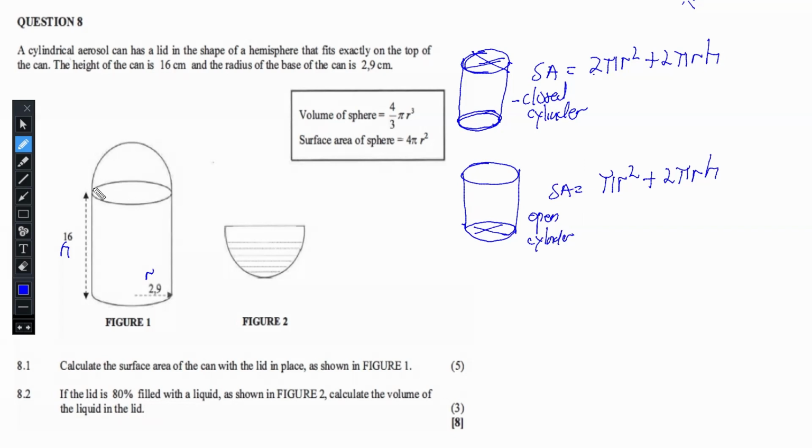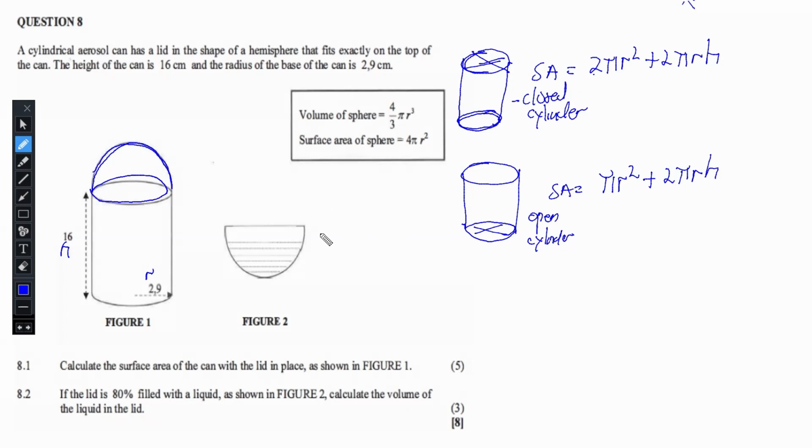Note that this aerosol can would have to be open so that we can have the lid. The one thing that closes the aerosol can is this hemisphere lid, so this is hollow and open like that, and the lid is only the hemisphere part.